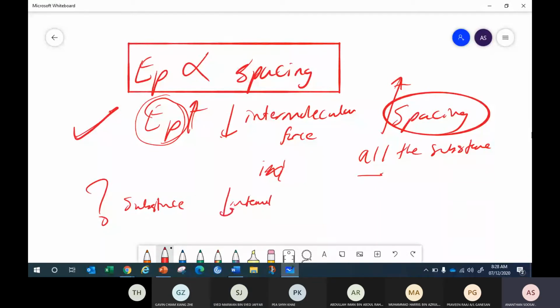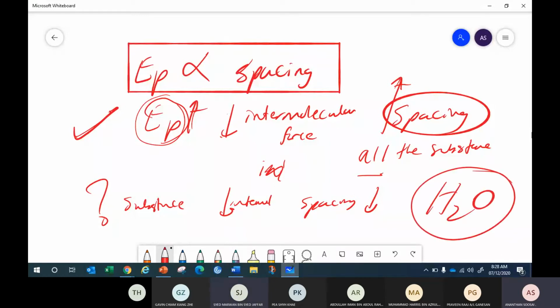Anyone? It's a well-known liquid for you. Water, yes, good. Water, H2O.